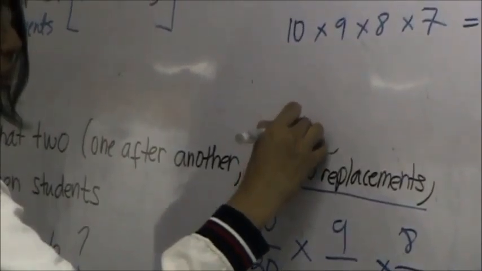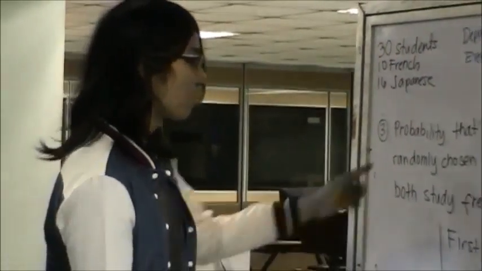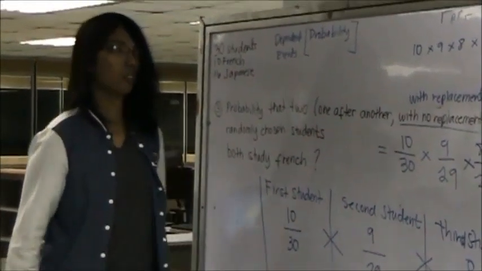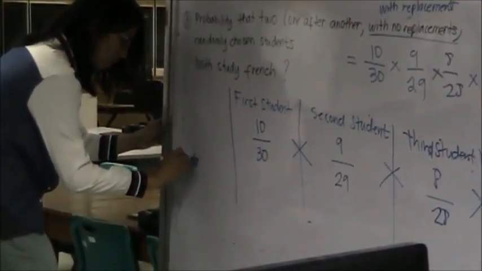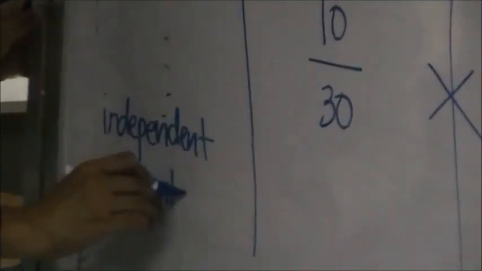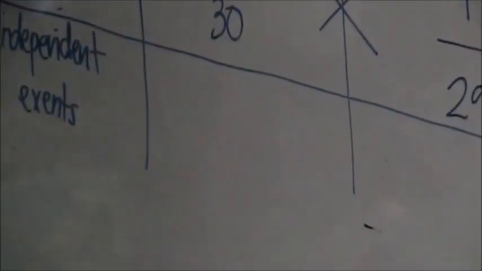If I said that there was with replacement, it means that if I got one student, I will bring it back to the group. That only means that the French students will still be 10 and the universal set will still be 30. So the answer to that, if it was independent, and this is dependent events.